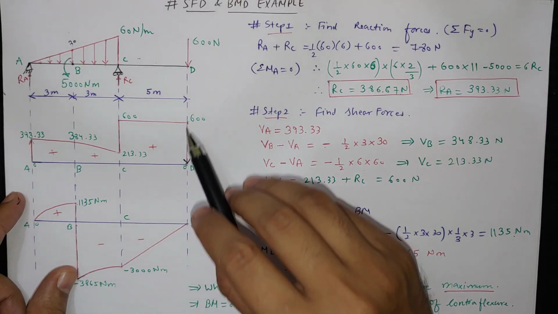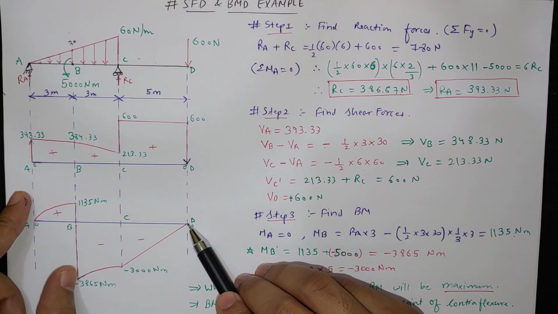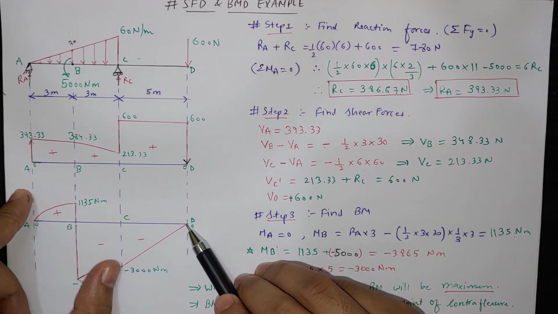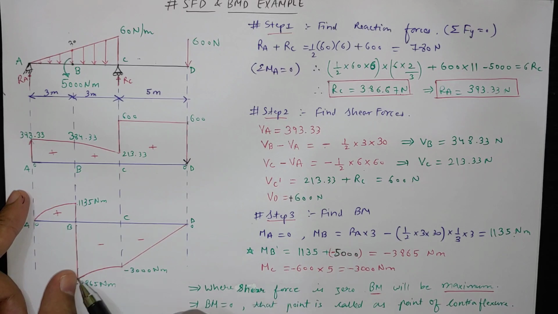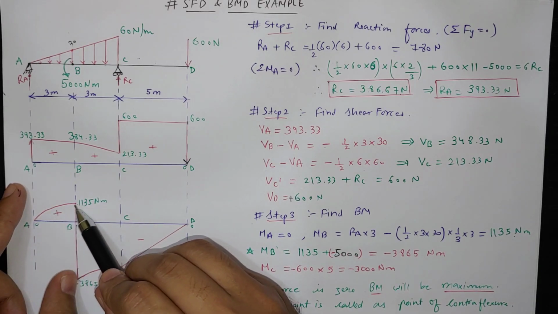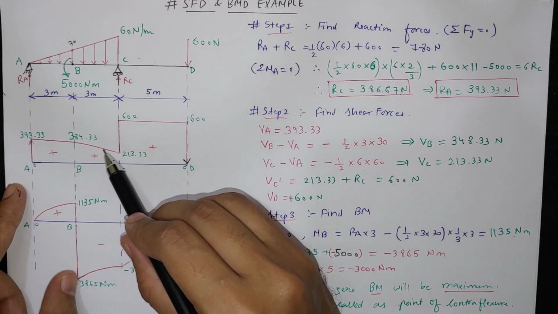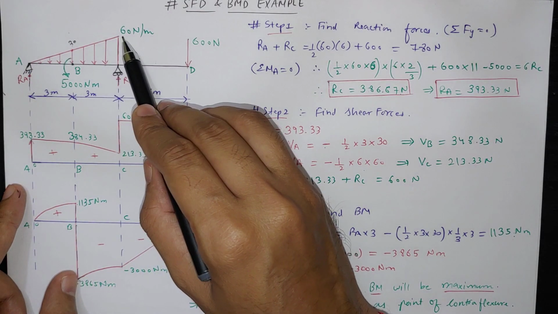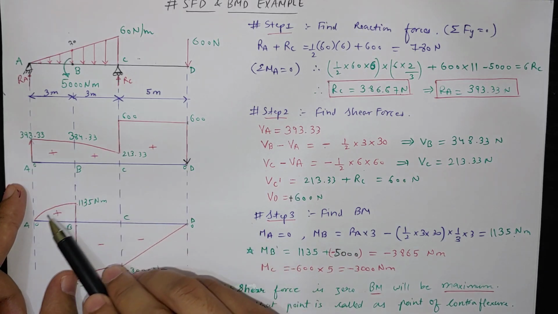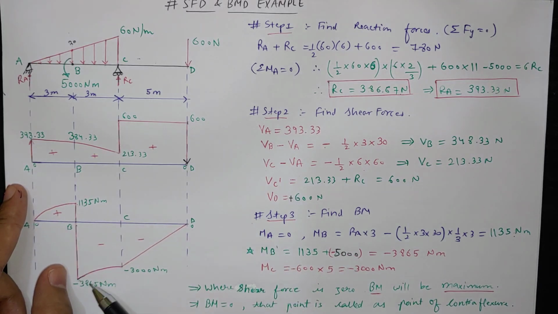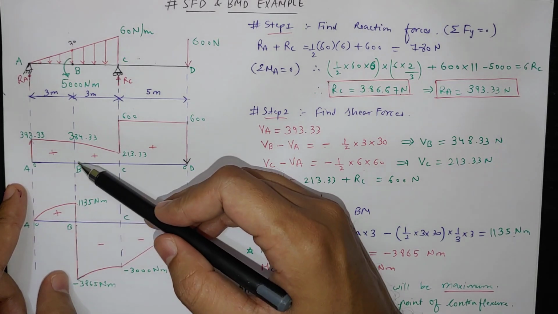Now at D point we know the moment will be 0 because it's a free end, and at C point it is minus 3000. So we know both these points, but we don't know this curve. This curve is again the same cubic curve, because the shear force is linear from A to C and the entire curve is parabolic, so from A to C the entire curve should be cubic.